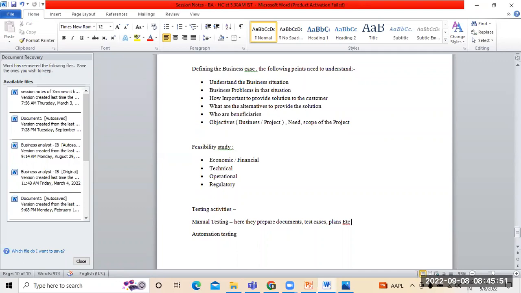Actual result is what the developer has completed. If the expected and actual results are the same, the test condition is considered pass. If they are not the same, the test condition is considered fail. This is the standard format which we normally follow.